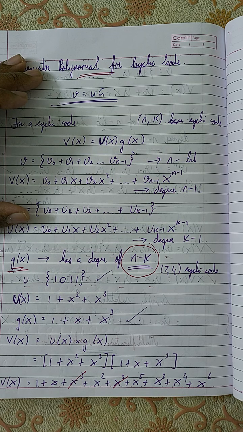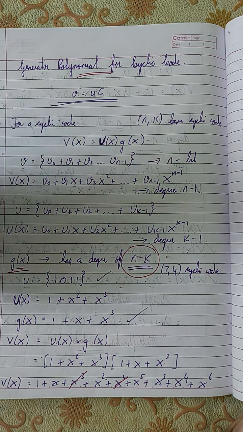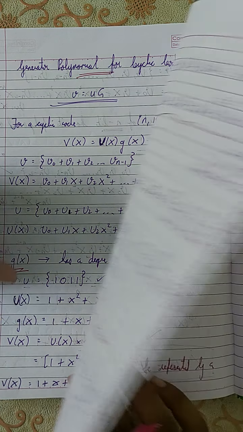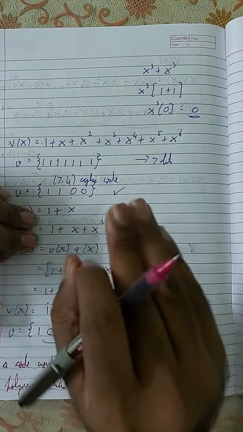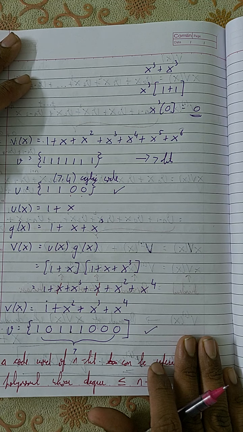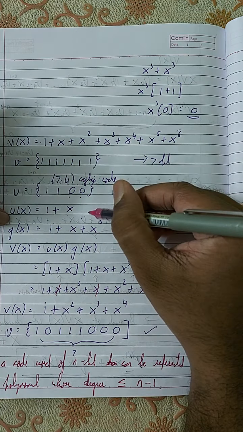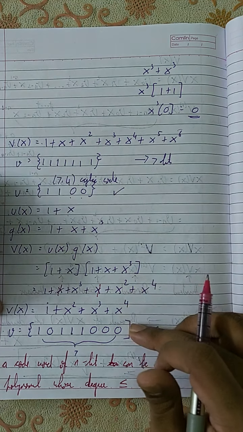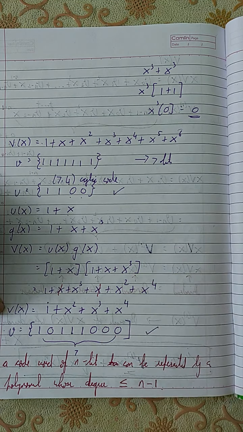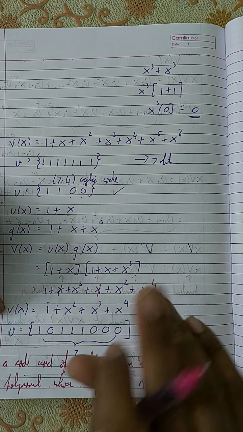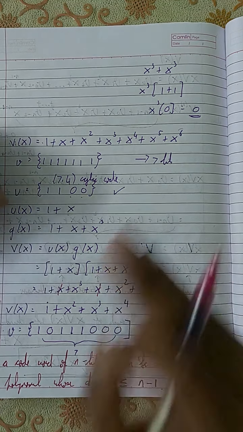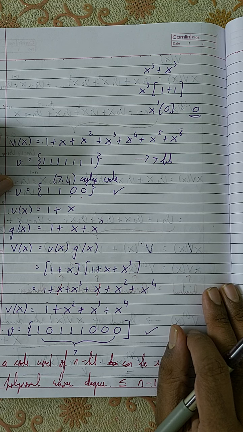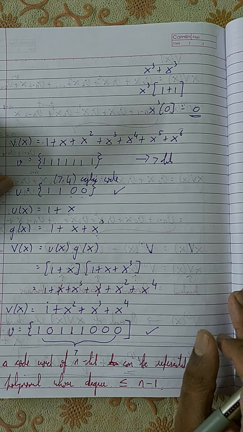That is one of the important properties of g of x. That is, g of x has a constant degree of exactly n minus k. The degree of u of x can be k minus 1 or less than k minus 1. The degree of v of x can be n minus 1 or less than n minus 1. But the degree of g of x is exactly equal to n minus k. And that is one important property.